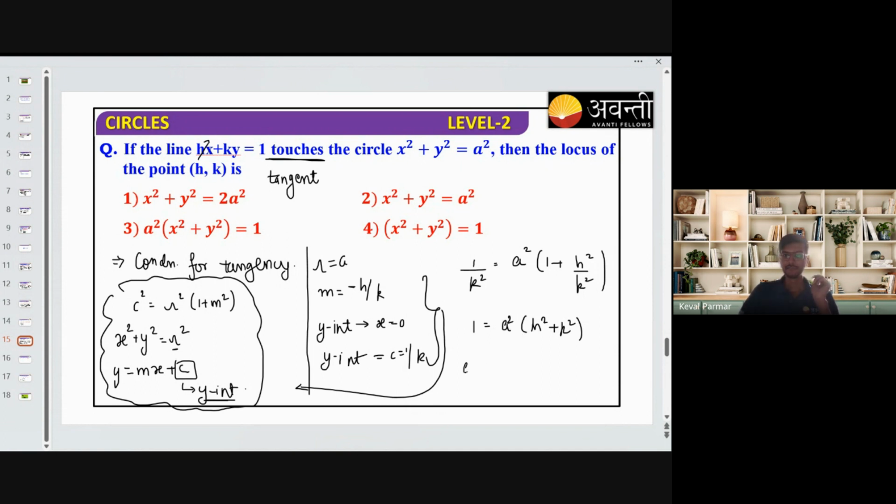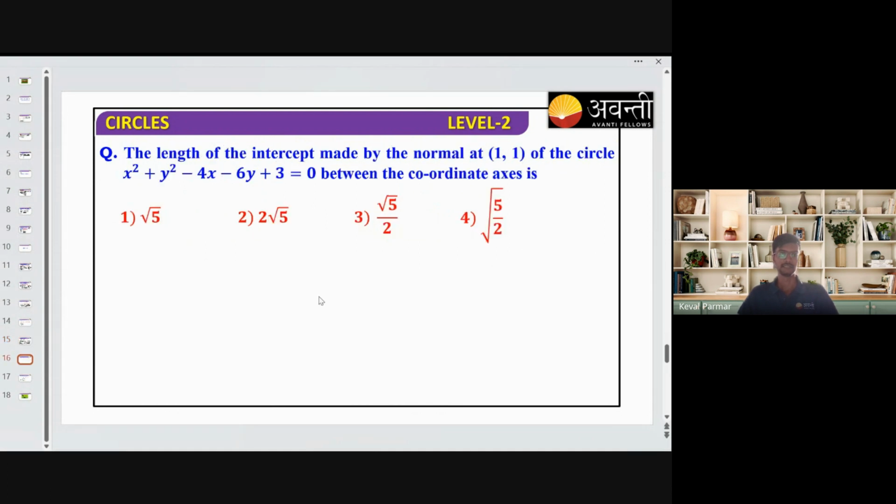So I think a² into, what is h, x² + y² = 1. This is the equation of locus, which is option number 3. Correct, guys? All clear? Yes or no? Give me a thumbs up. Super. Chalo. Let's see the next.